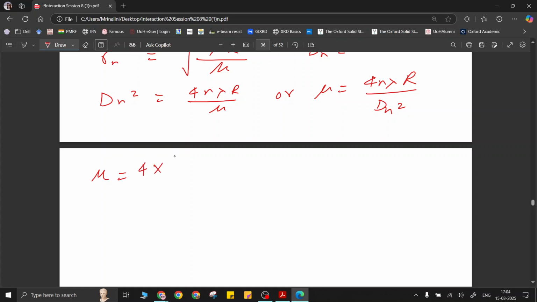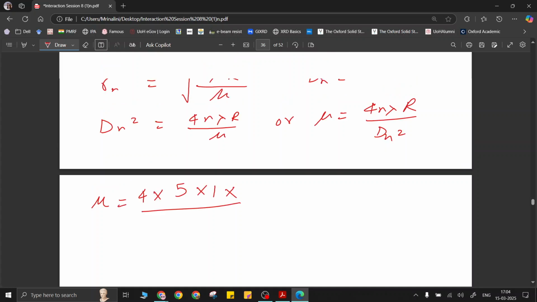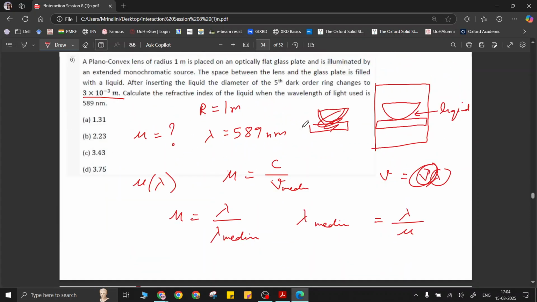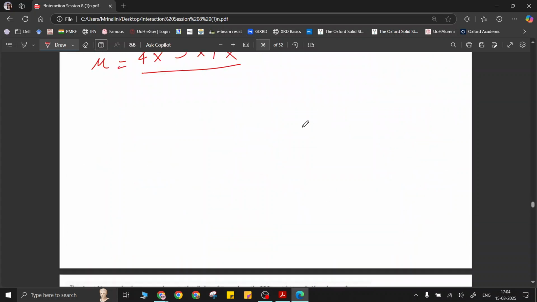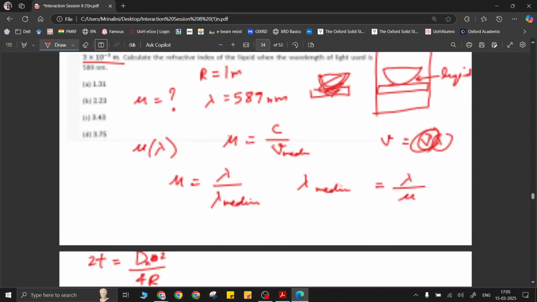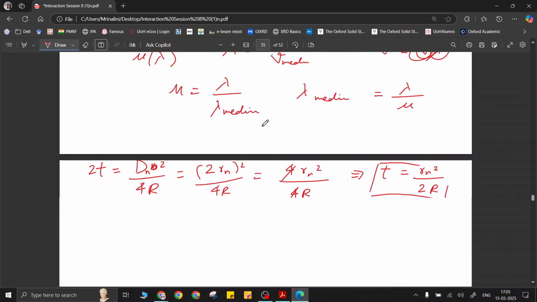For that, the nth order is fifth, r is 1 meter, lambda is given to be 589 nanometer. Our final answer is the refractive index also, so we'll just keep everything the same.